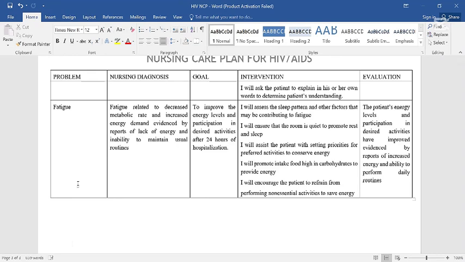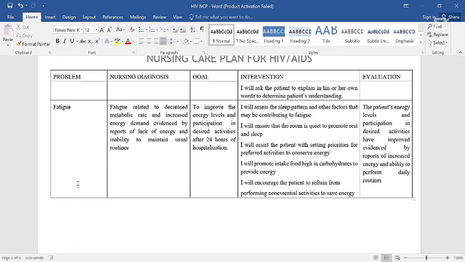Number four, I'll promote intake of food high in carbohydrates to provide energy. So we understand that the patient is energy depleted, so it's better we give them foods that are rich in carbohydrates to provide energy. And lastly, I encourage the patient to refrain from performing non-essential activities to save energy.